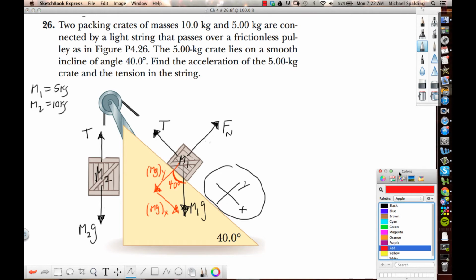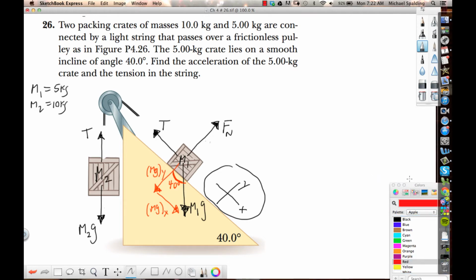Now, sign conventions. This has to do with pulleys. The big thing with pulleys is that the sign convention wraps the pulley. Which way is this block going to move, or which way will it accelerate? It's going to accelerate up the incline. So our sign convention is going to go like this.